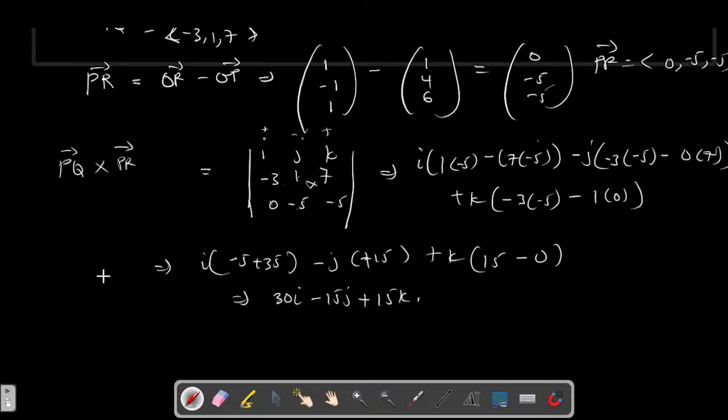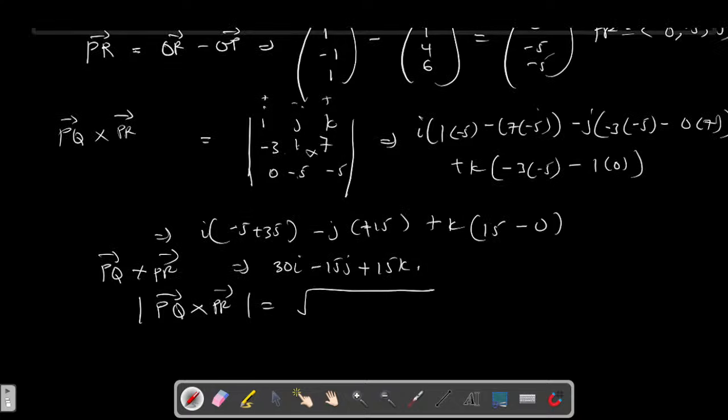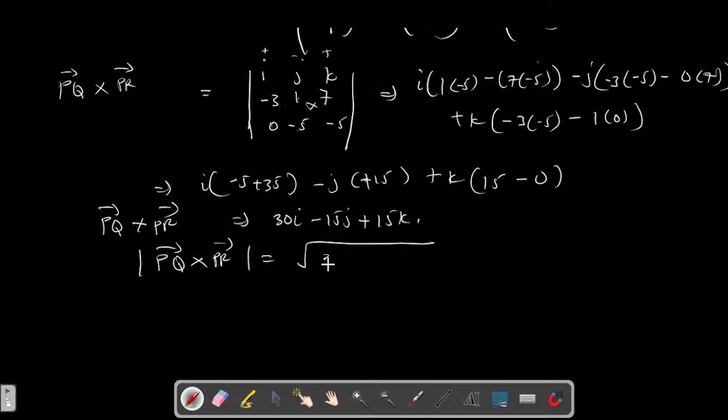Now, once we have found our cross product, we simply find the absolute or magnitude of our cross product. So magnitude of PQ cross PR is simply equal to the square root of, you just square and sum the squares of each. So 30 squared plus negative 15 squared plus 15 squared.